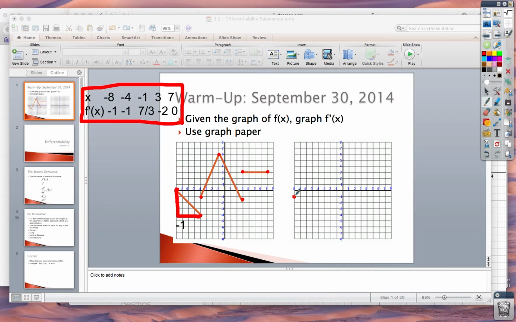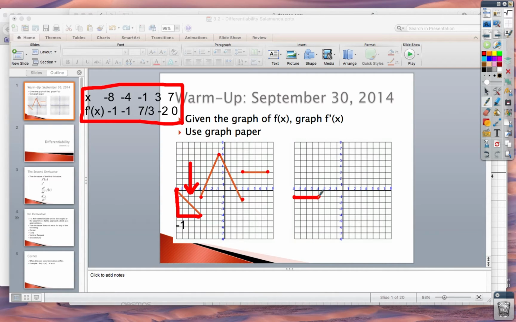And we know for -4, it's at -1. Because from this original graph we know that the slope stayed constant, we should have a flat line like so.